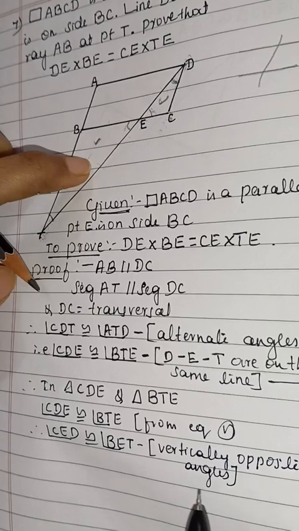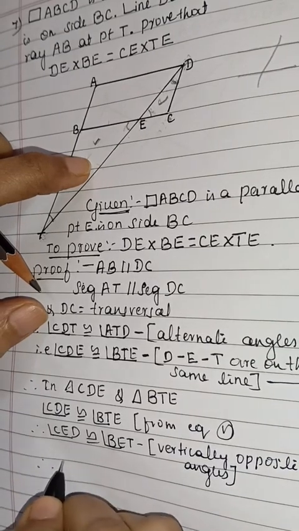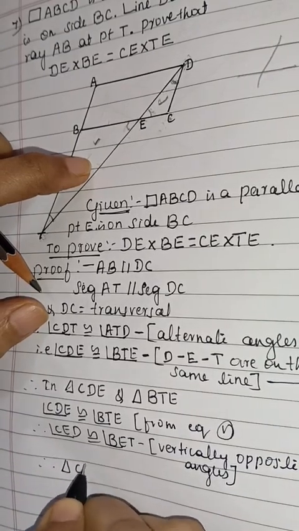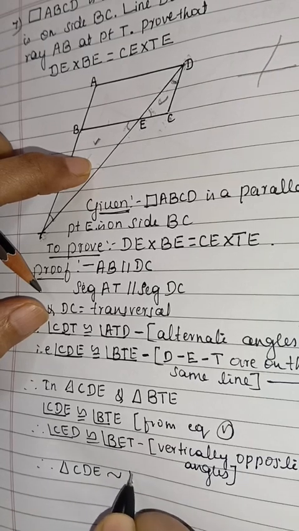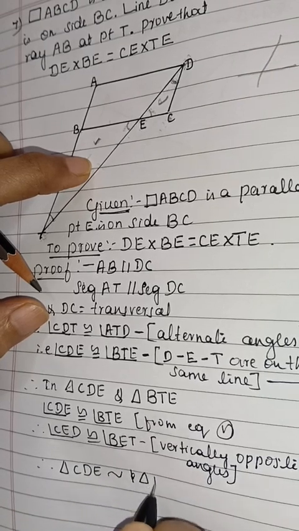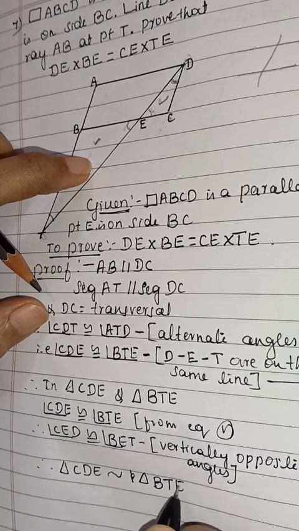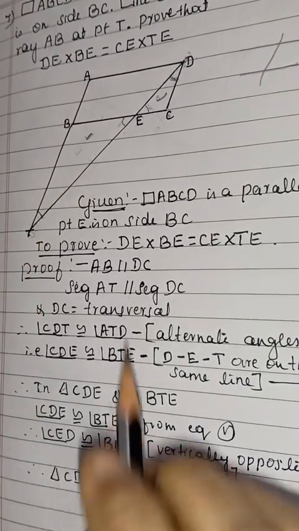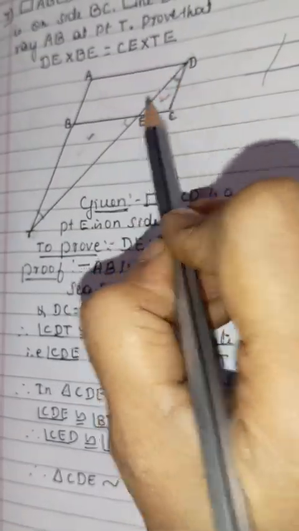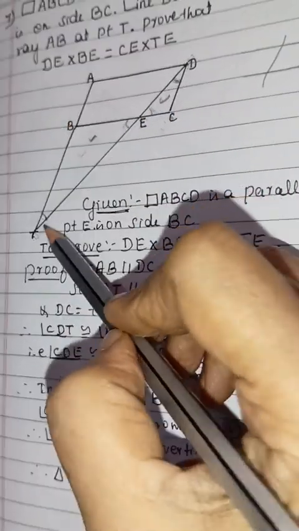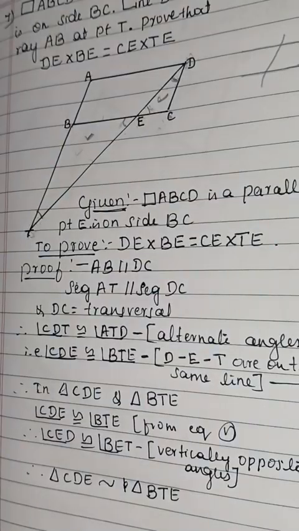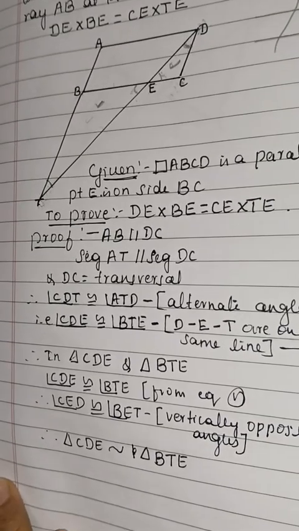Vertically opposite angles. Therefore, triangle CDE is similar to triangle BTE. This triangle is similar to this triangle.